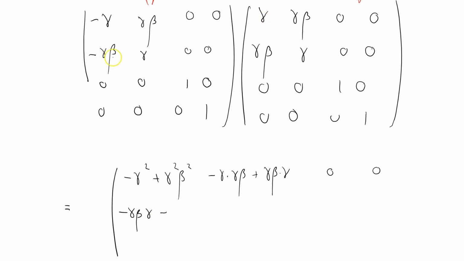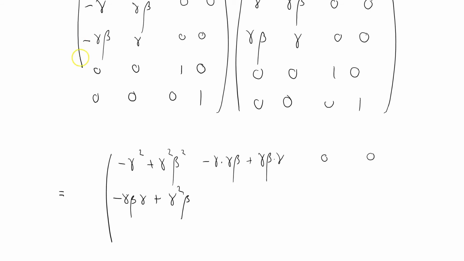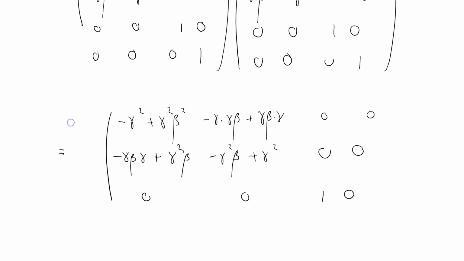We've got that term times this term, gamma times gamma beta, plus. So we've got gamma squared beta there. Second row, second column, what have I got there? I've got minus gamma squared beta times beta, plus gamma squared. Wonderful, 0, 0. Those are easy.